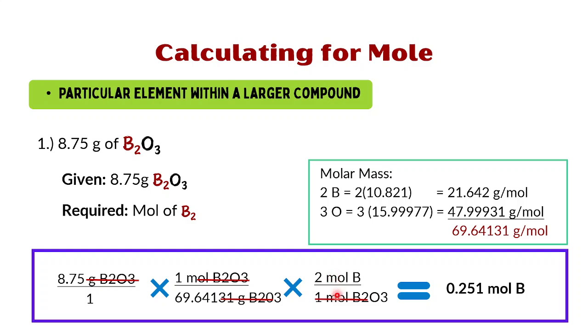So you may wonder, ma'am, can they be interchanged? That the 2 moles of boron be placed in the denominator, and the 1 mole of boron trioxide be at the numerator?